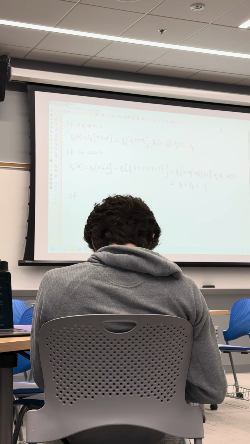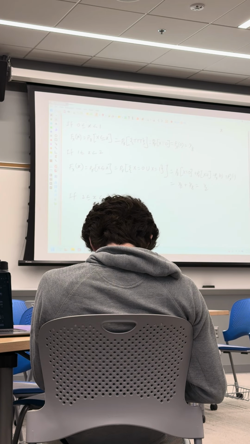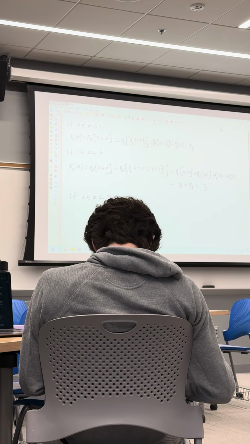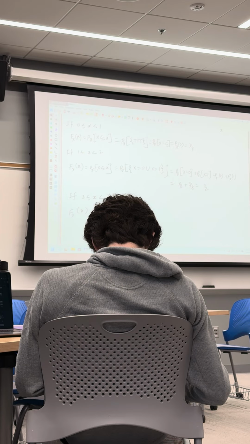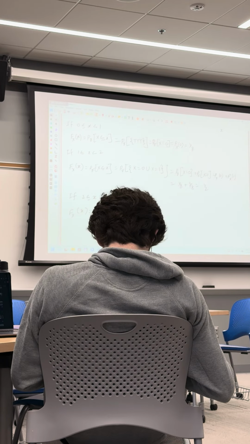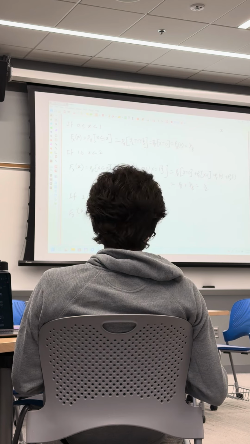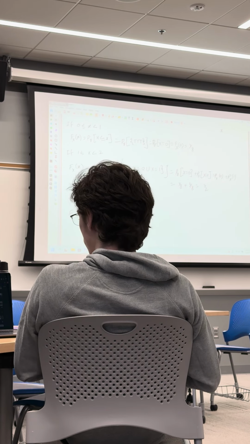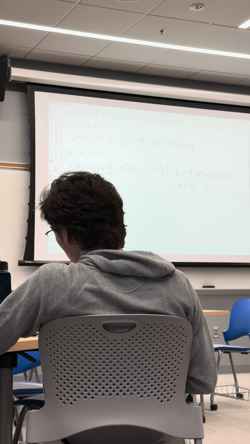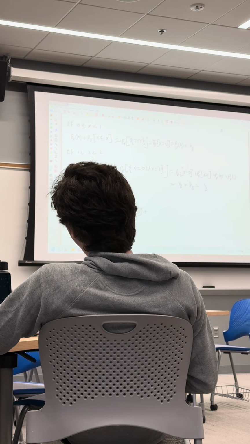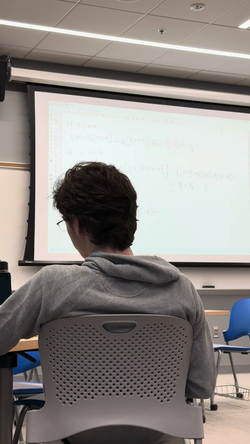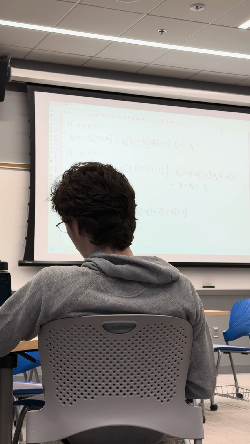So if 2 is less than or equal to x which is less than 3. In that case, the CDF of random variable X taking value x, by definition, is the probability that X is less than or equal to x, which is the probability that X equals 0 plus the probability that X equals 1, and you include the probability that X equals 2.